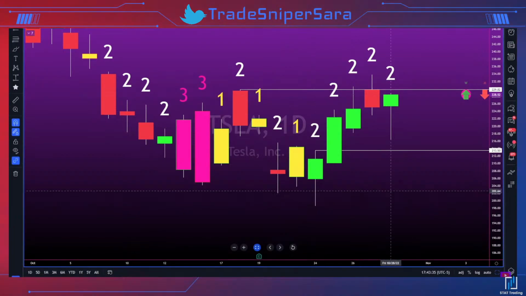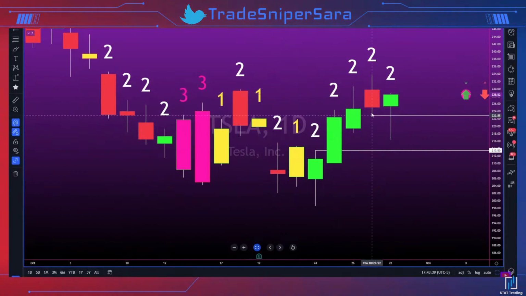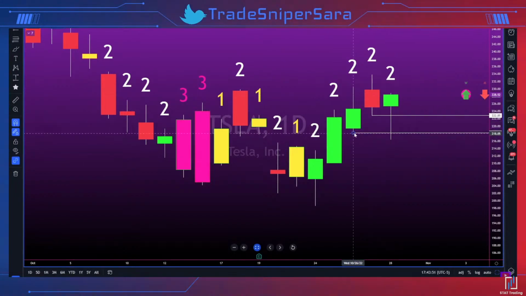Now, you'll notice what happened here. Tesla did in fact go 2 up and then 2 down, but it reversed. So it took out one target and then reversed.